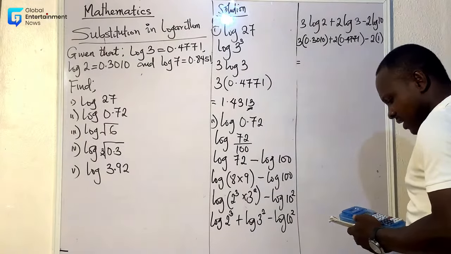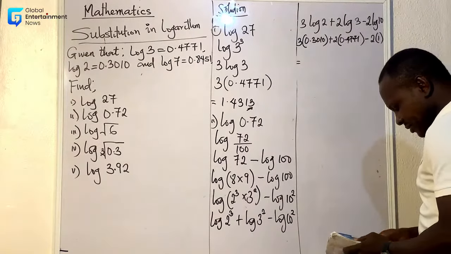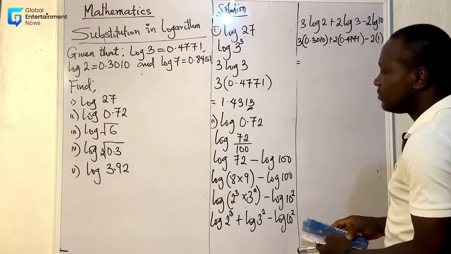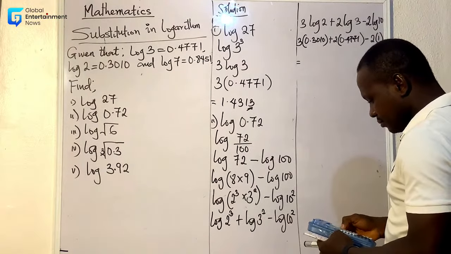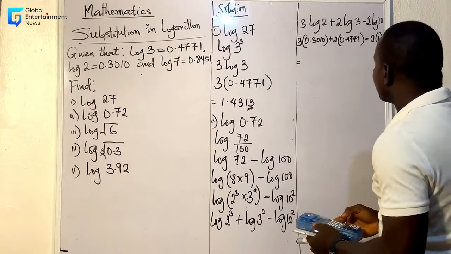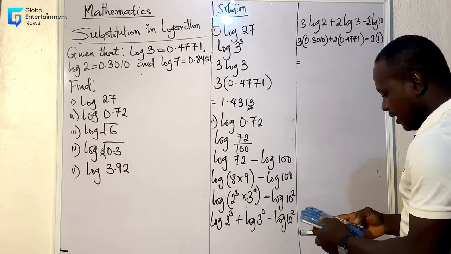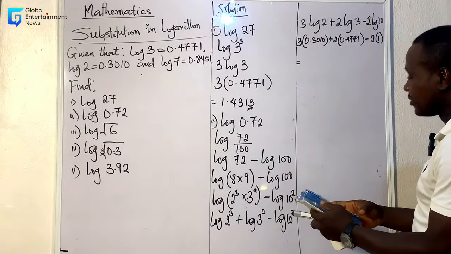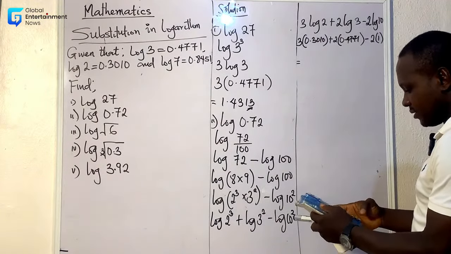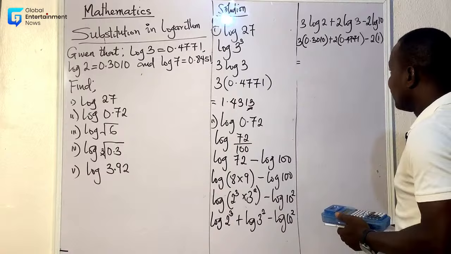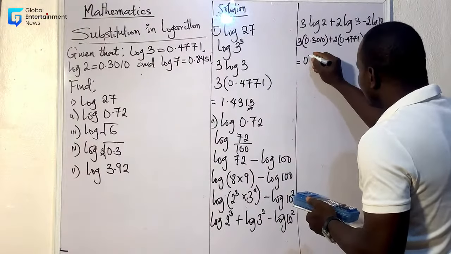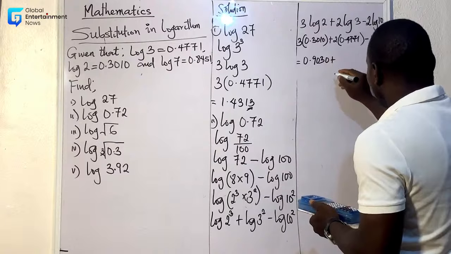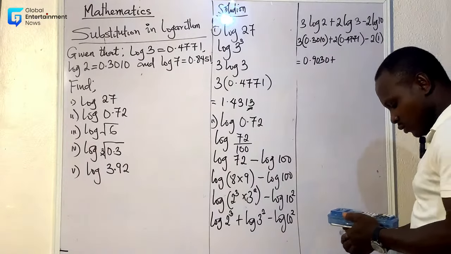Let's multiply this. Let's use calculator. We have 3 times 0.3010. So what we have here is 0.9030 plus, let's multiply the second one.